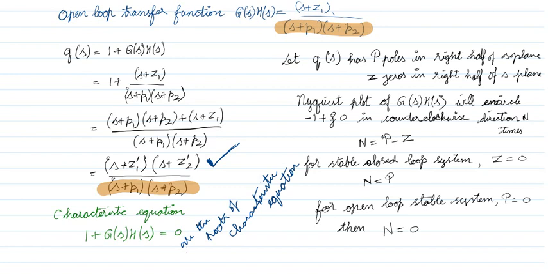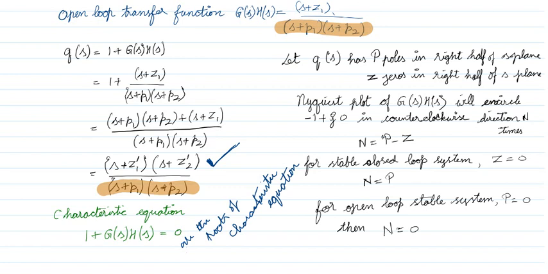These 2 points should be very clear. First point: open loop poles of G(s)H(s) are the poles of Q(s). Second point: zeros of Q(s) are equal to the roots of the characteristic equation.